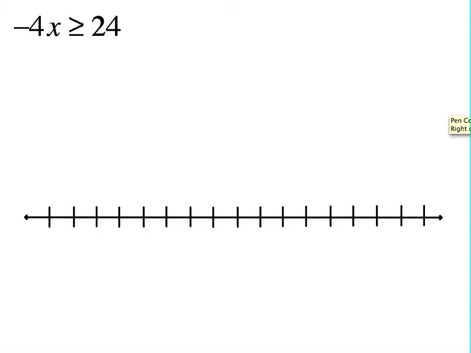So what do you do now? Divide by -4. Now one of the things about dividing by a negative number: if you multiply or divide by a negative number, and right now I've divided by -4, you need to flip the inequality. I hope you all caught that. You need to reverse it.